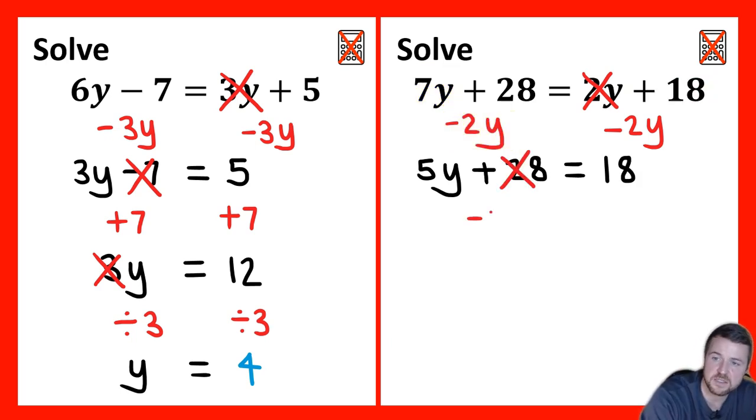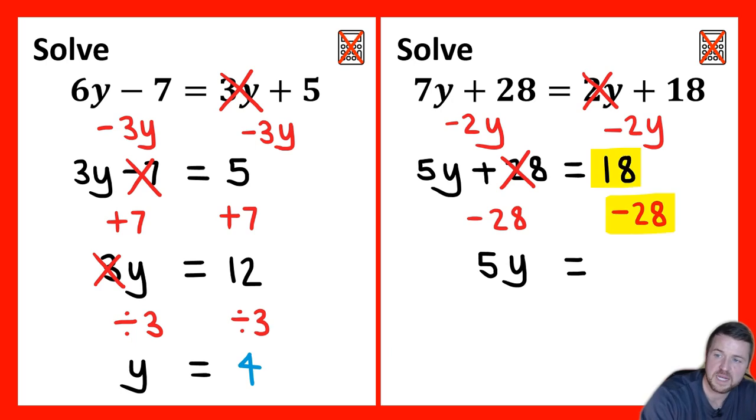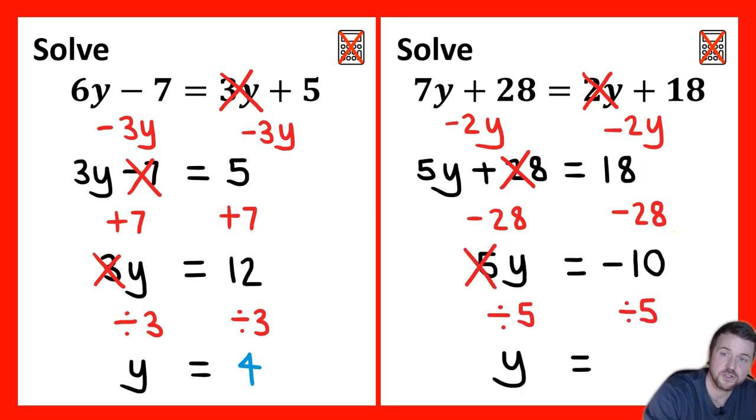Now I can subtract 28 from the left-hand side to leave me with 5y, but I'll also need to subtract 28 from the right-hand side. 5y on the left will be equal to 18 take away 28 gives me a negative value of 10. And lastly, dividing through by 5 gives me my solution for y of negative 2.